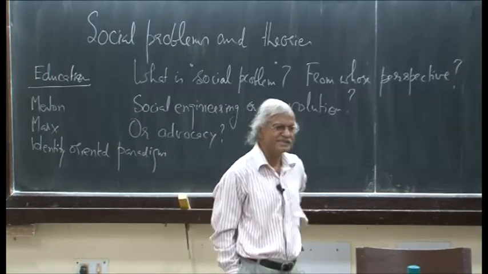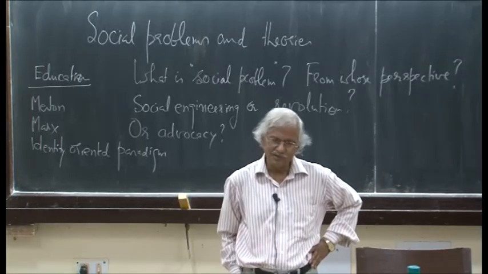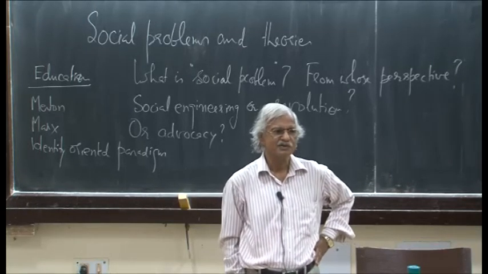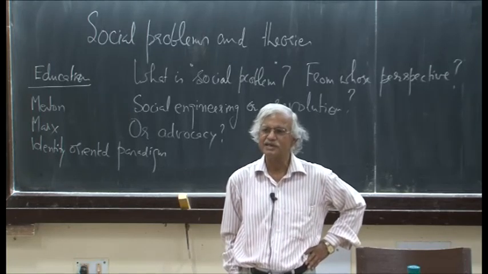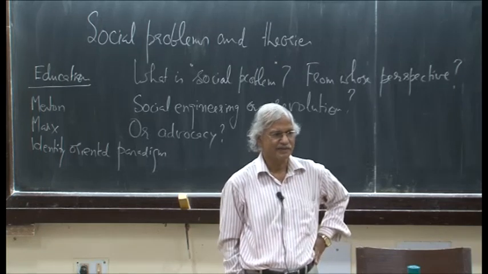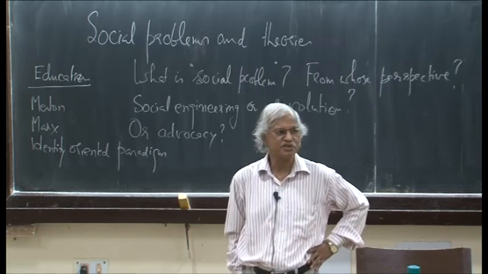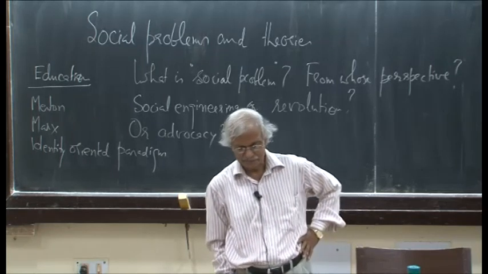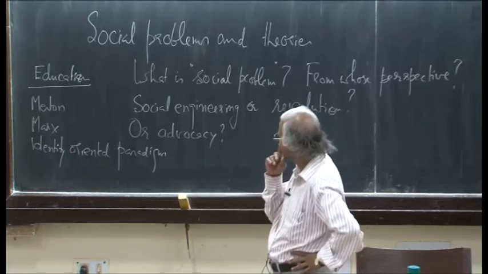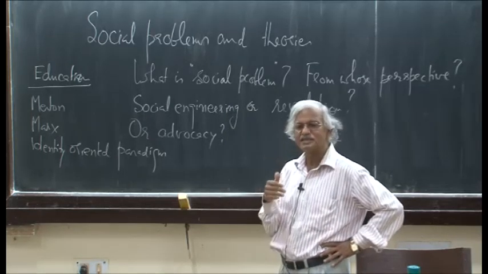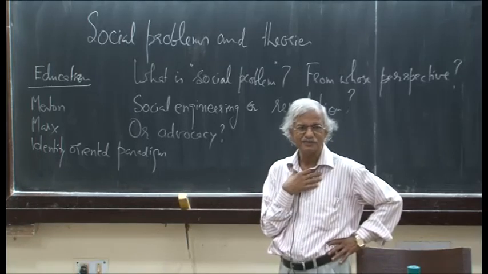Usually, as it is defined in sociology textbooks, social problems are those problems which get defined as problems by the government of a country and on which government spends some resources to eradicate them. But the moment I say so, am I not using the functionalist or the managerial perspective?